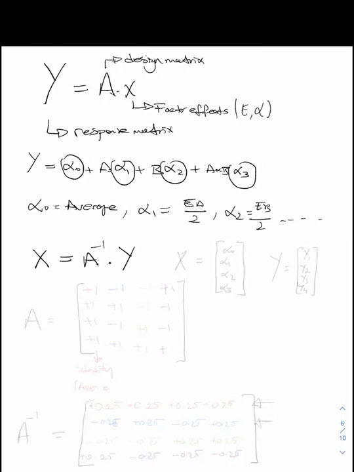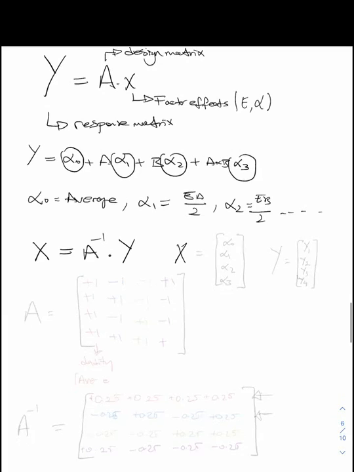Okay, so now I can define my matrices. Let's define x, right? X is defined as a vector alpha 0, alpha 1, alpha 2, and alpha 3. Okay, similarly, your system responses are again y1, y2, y3, and y4.